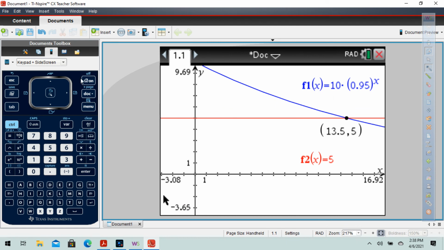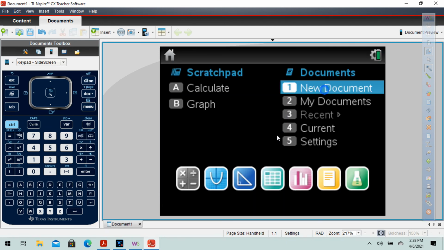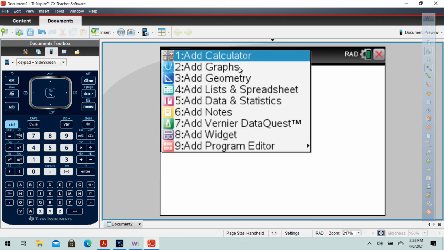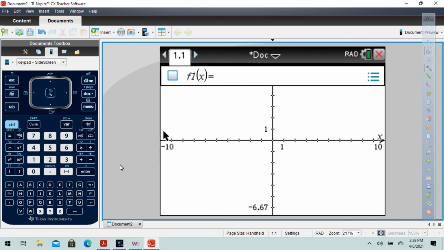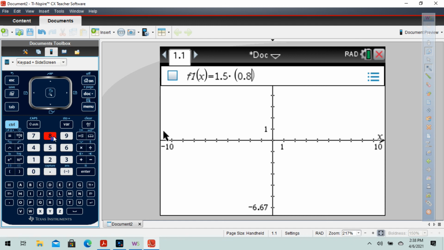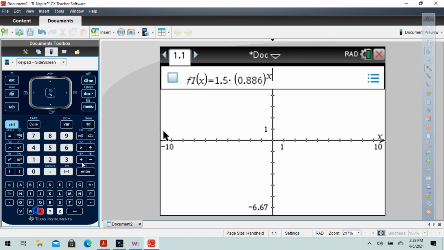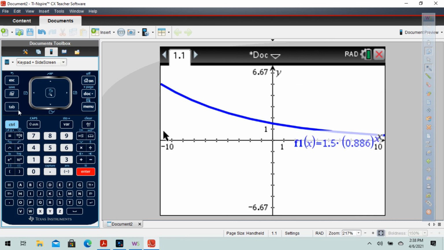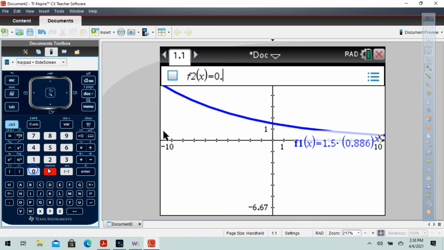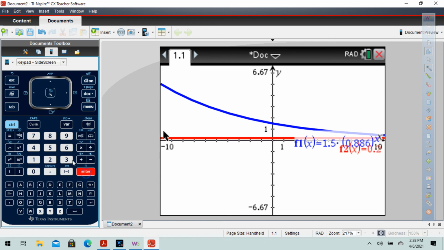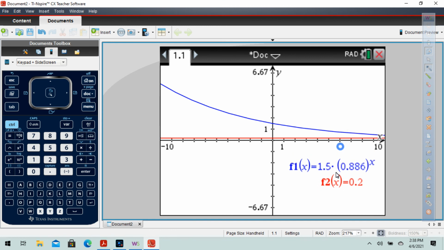So let's go in here on new, no, and go to graphs, and we have, well, it's going to be 1.5 times 0.886 caret x. And then our second line is going to be 0.2. Let's move these two away.